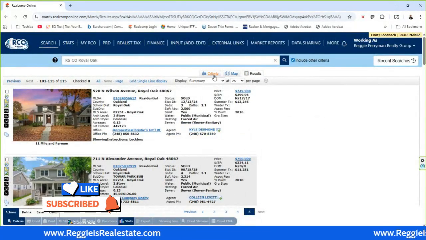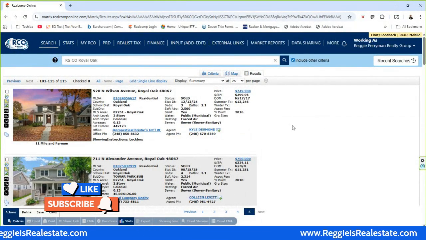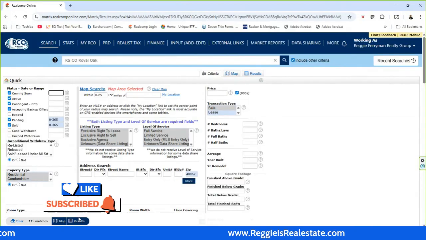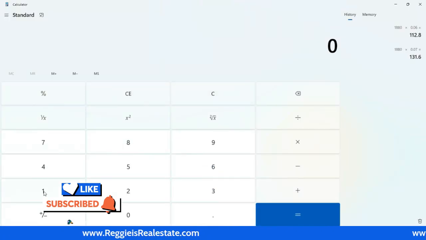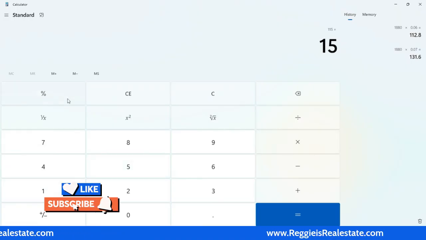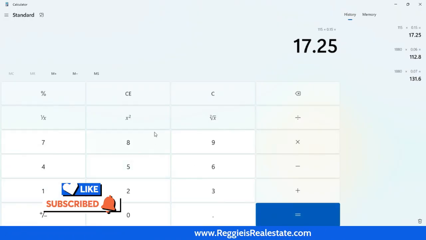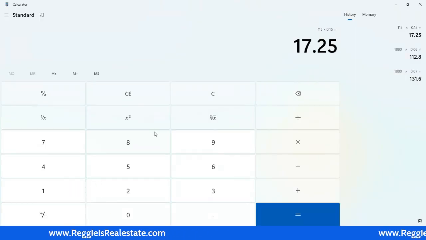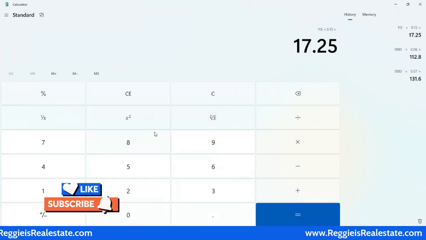So a dominant agent would mean that in this case, there were 115 properties, right? 115. So on the low end, we're going to say 15% market share. I did not see any single agent's name in there 17 times or more.